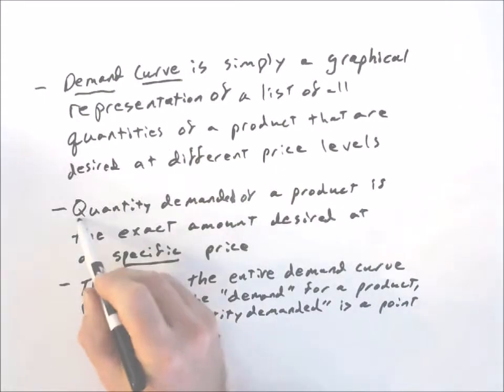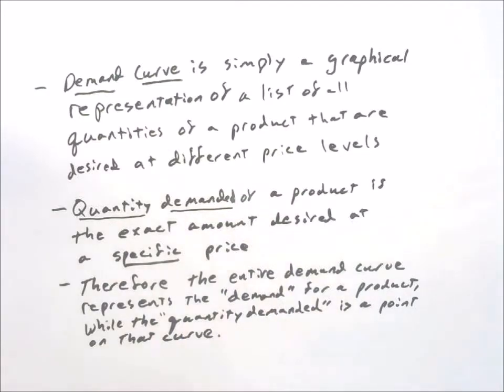So you have this list of prices and a list of desired quantities that go along with those prices. If you just select one price and one quantity out of that list, that would be your quantity demanded.